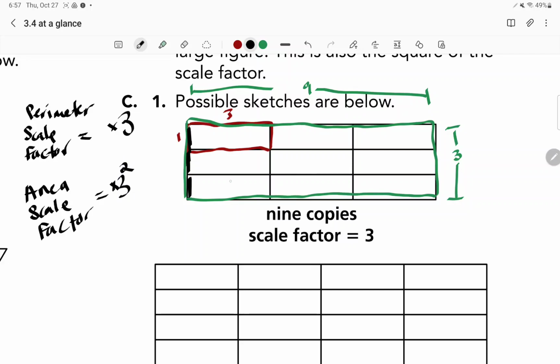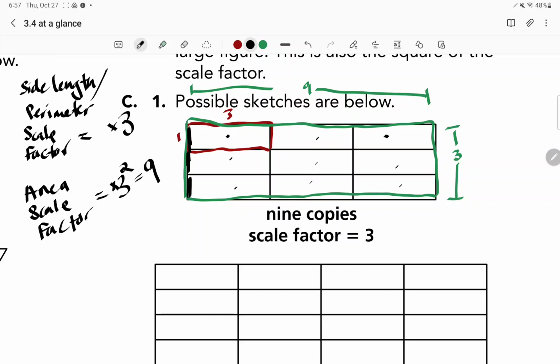And we can even double check and count the number of rectangles in here. So it's going to be 1, 2, 3, 4, 5, 6, 7, 8, 9, and 3 times 3 is equal to 9. So the area changes by a factor of 9 when the perimeter changes by a factor of 3. Perimeter or side length even. So this is also side length. So side length or perimeter for that scale factor.